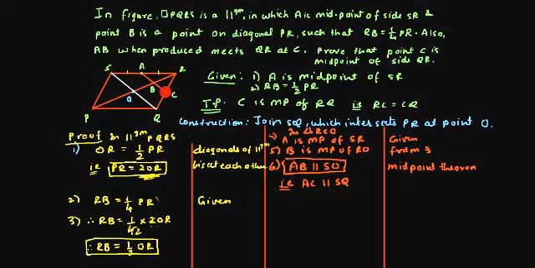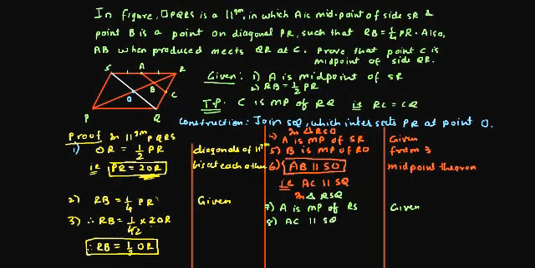Now, we'll utilize that to prove C is midpoint of RQ. कैसे? देखिए, in triangle RSQ, A is midpoint of RS, which is given, and AC is parallel to SQ, which is from 6.